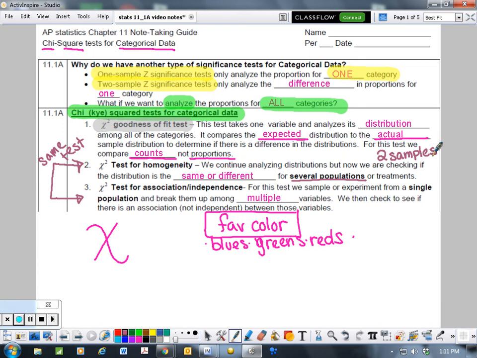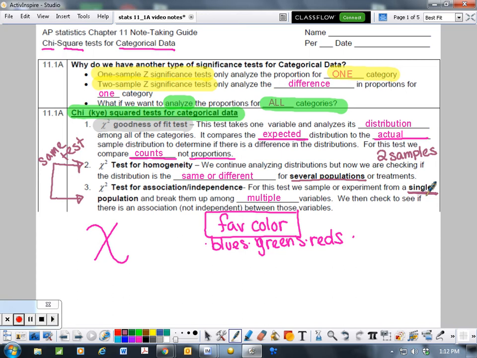If I look at the chi-squared test for association or independence, this time we do a single sample. I'm going to come up to someone and ask, okay, are you male or are you female? And then I ask them the question of interest. So the way I sample changes what type of test I'm working with.